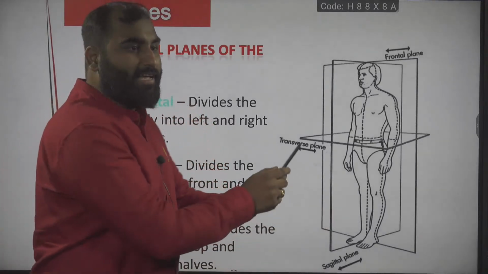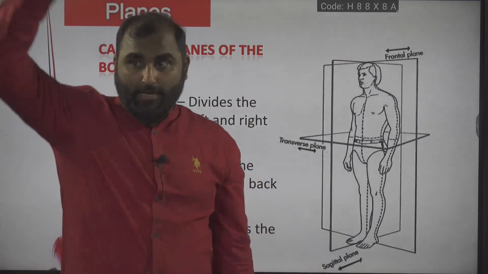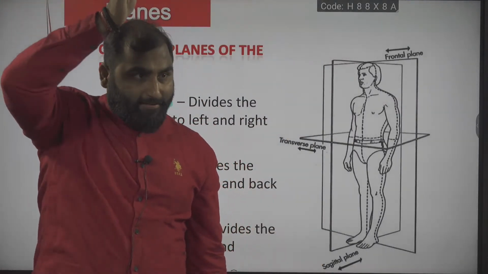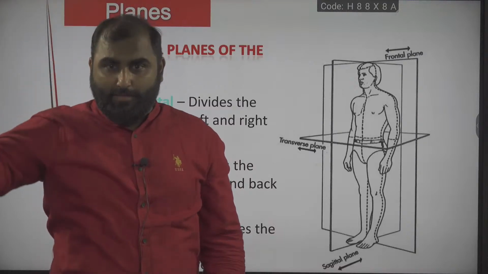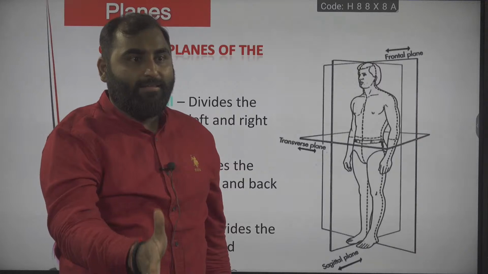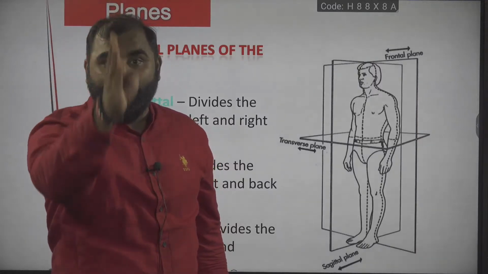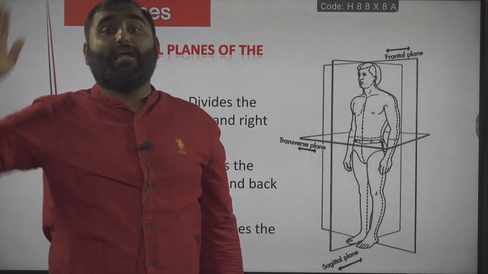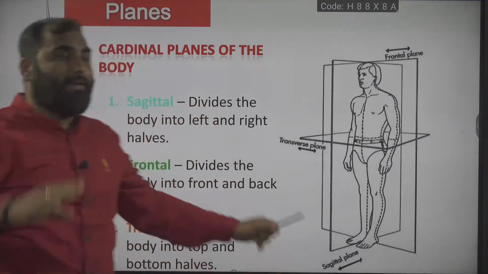I have to move like this and cut from the front. First we had the horizontal plane, then the sagittal plane, and then we have our coronal plane or frontal plane.